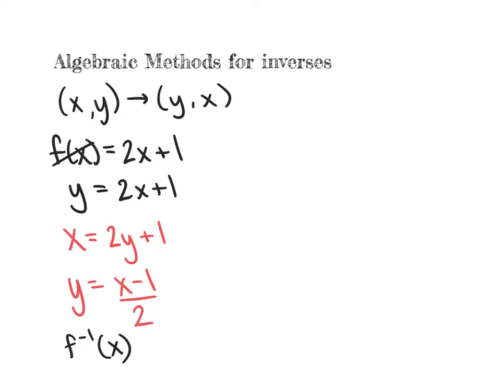Now, one of the things we do with this inverse is we need to check to make sure it's the inverse. And we learned in compositions that you can compose functions, and that the composition function itself is not commutative, which means that f of g of x is not equal to g of f of x.